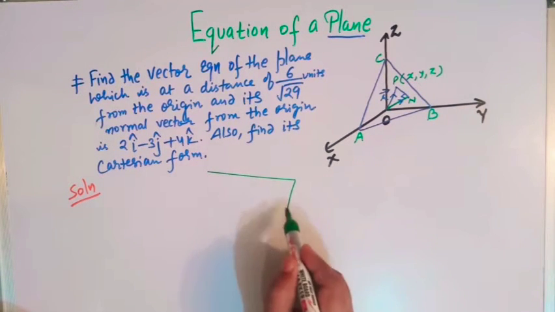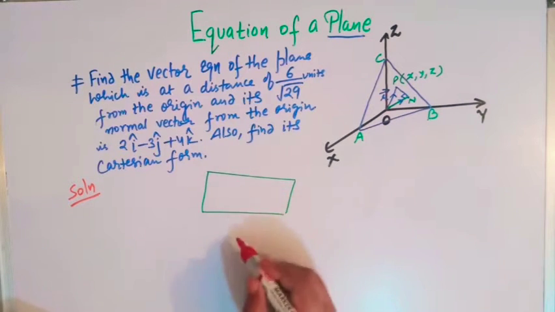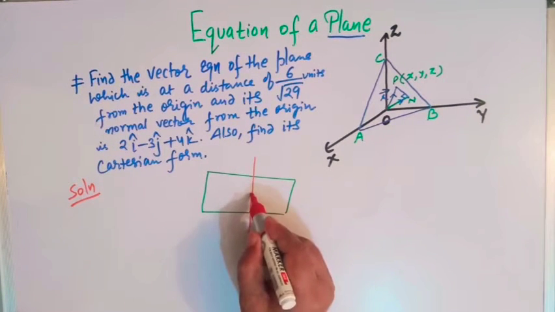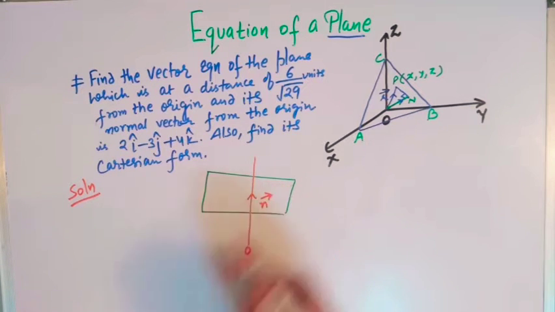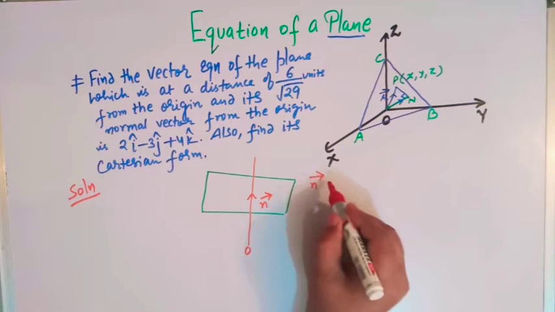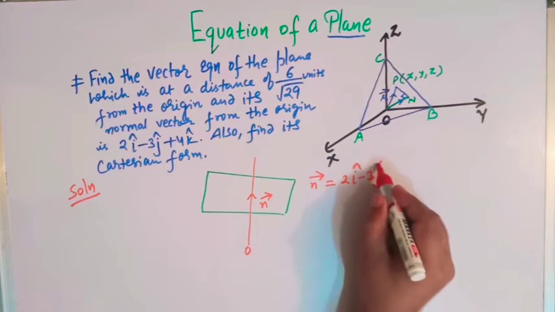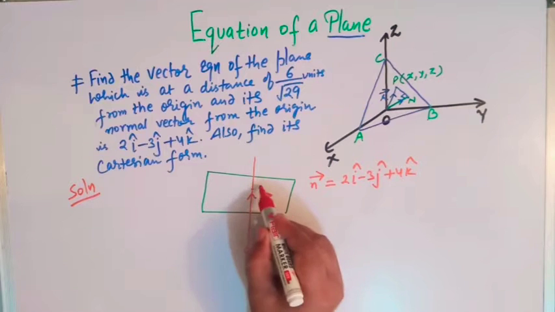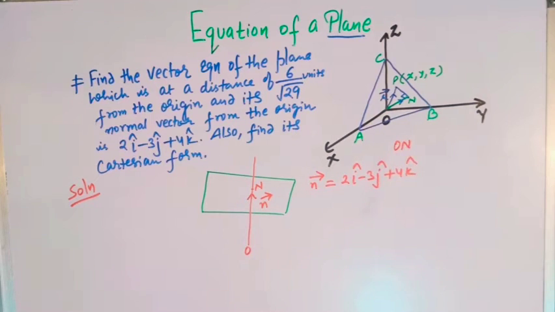So let us take this as the plane, and this is the normal vector, vector n, and we are given the vector n as 2i cap minus 3j cap plus 4k cap.